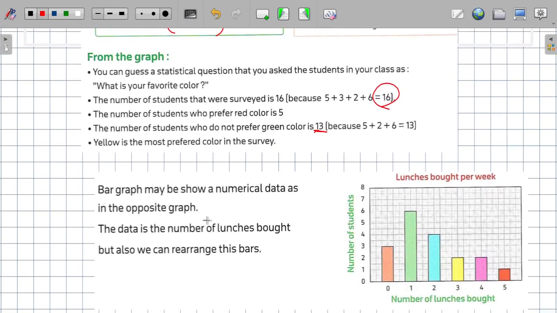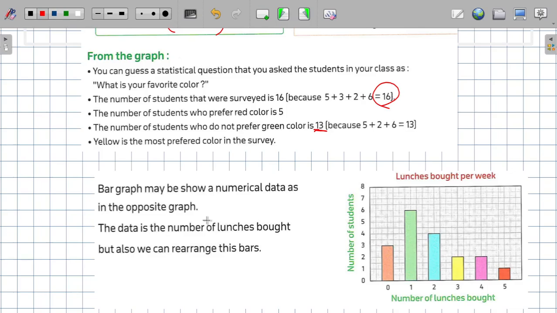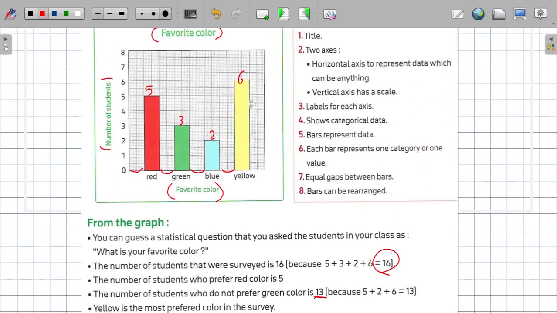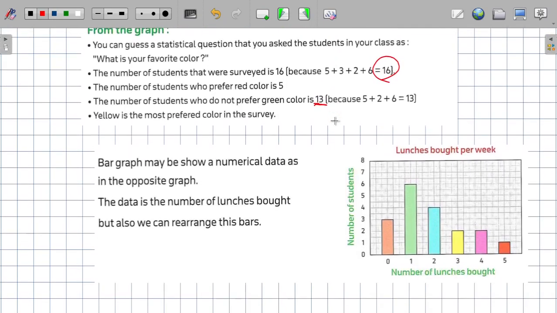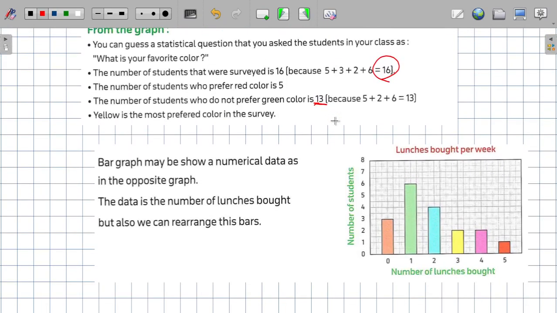But I have a note for the bar graph. The bar graph maybe shows numerical data. So here I said that the bar graph shows the categorical data, okay? But maybe the bar graph can represent numerical data as in the opposite graph here.